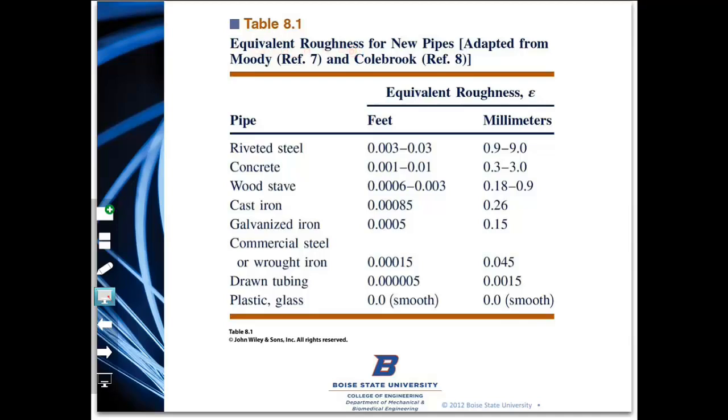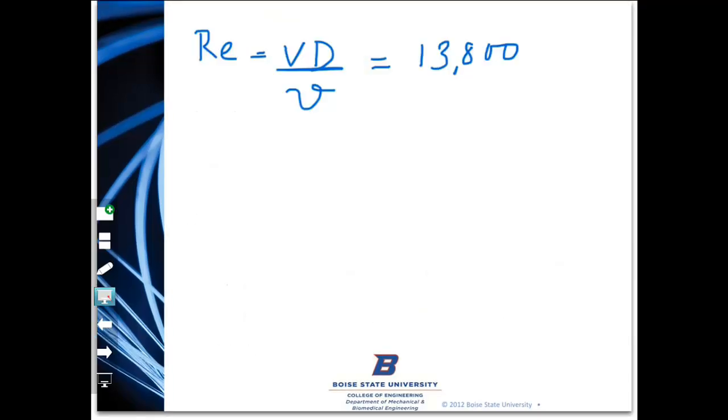It will give you the equivalent roughness. For galvanized iron, the equivalent roughness epsilon is 0.0005 feet. So epsilon over D, where D is half an inch, so make sure you convert to feet, will be about 0.012.